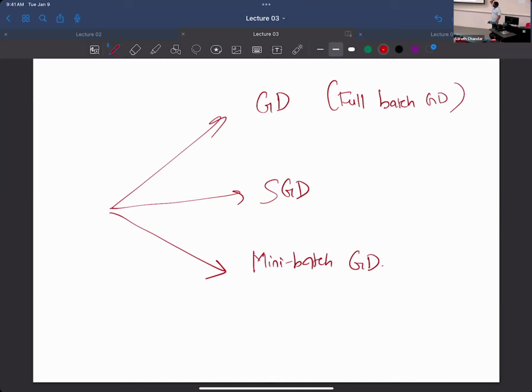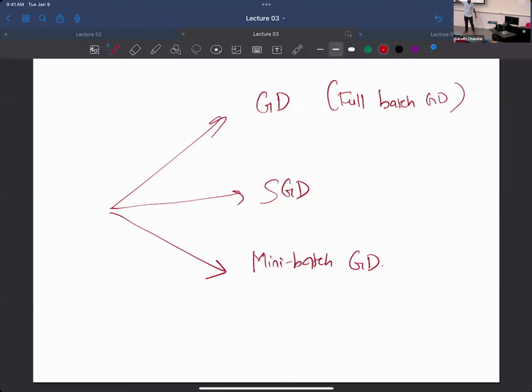Nobody does full batch gradient descent because the data sets are so huge right now. I don't know if we ask you to do full batch or stochastic gradient descent in your assignment. We should check that. But for most practical applications, the data is so huge that doing full batch gradient descent is not possible. Doing SGD is also not very efficient because going through a lot of data one by one is a bit slower. So typically when people say we use gradient descent, they are using mini batch gradient descent.